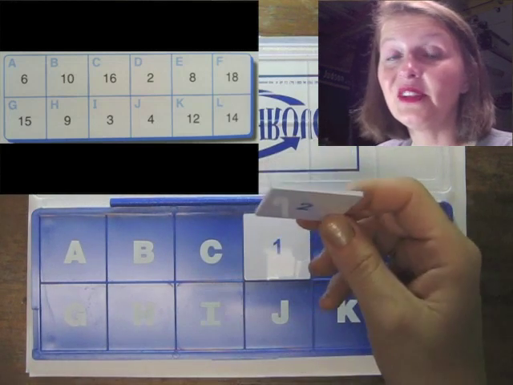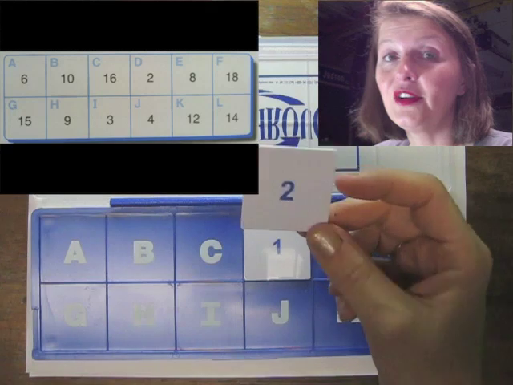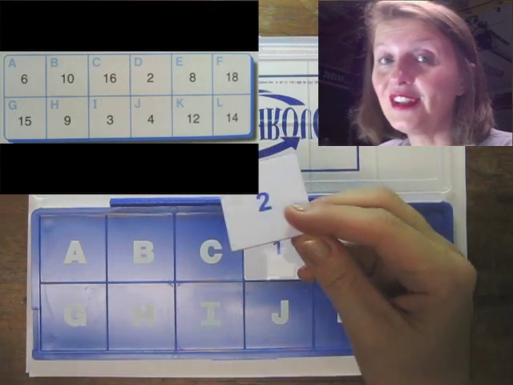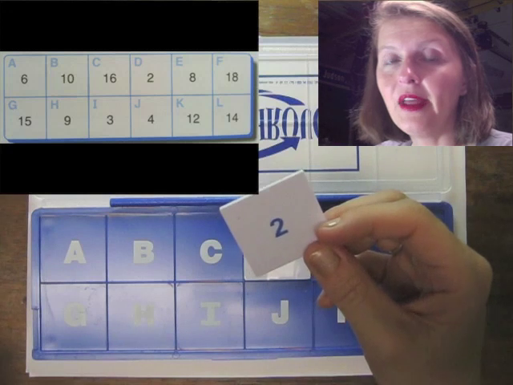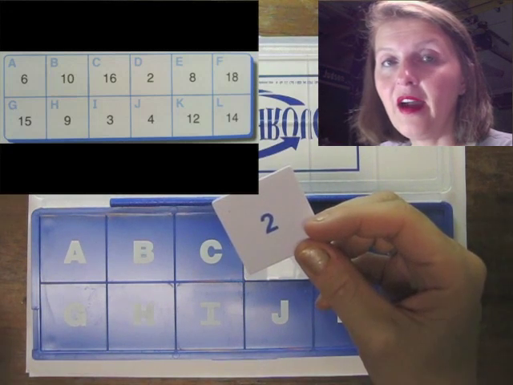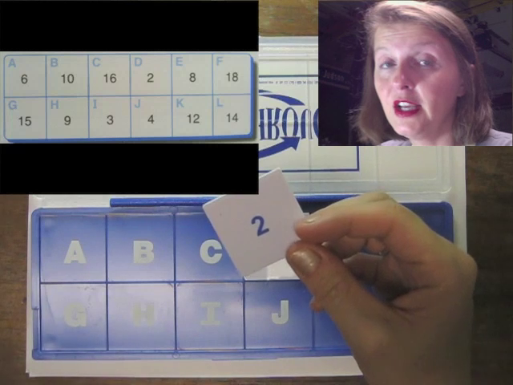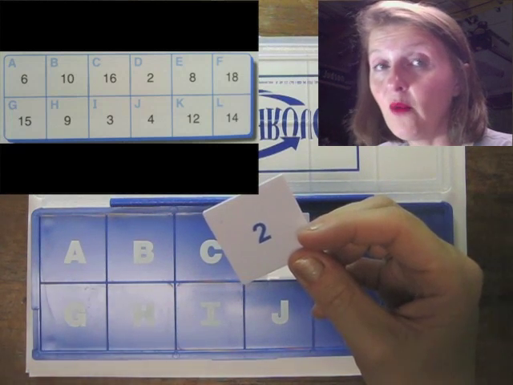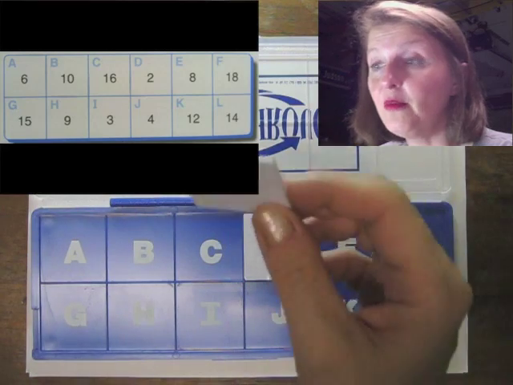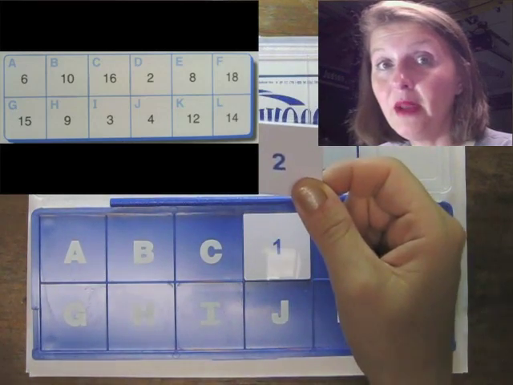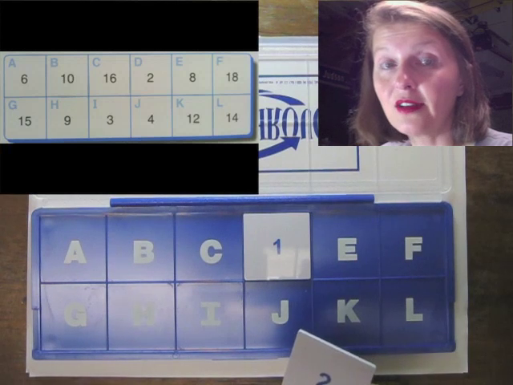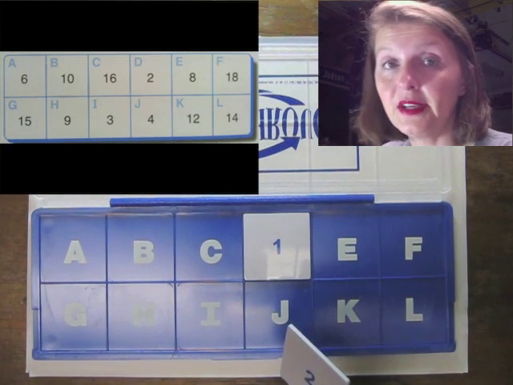They end up in the spaces that correspond to the answer of this number. It's kind of weird, but that's the through part. So you have the problem, you have the solution, you have where the solution goes, and then you put the problem number in the solution box. So there's quite a few steps in this process.